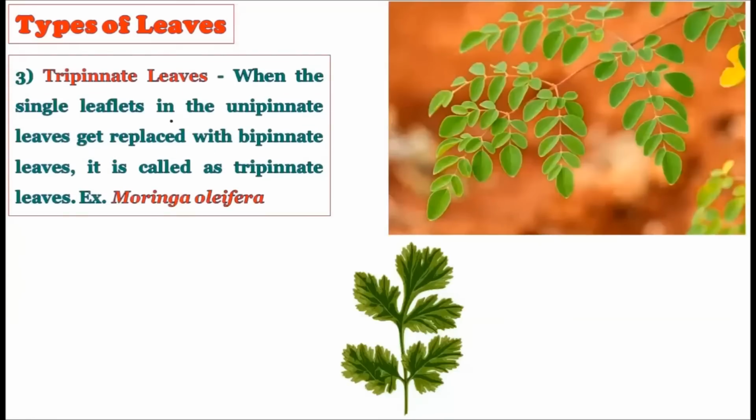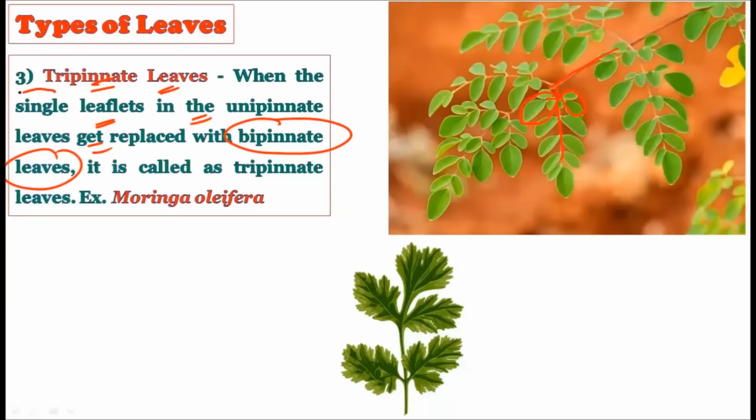All right. Now consider the tripinnate leaves. Tripinnate leaves are those in which the single leaflets of the unipinnate leaves get replaced by bipinnate leaves. First there is a unipinnate leaflet, and this is replaced by a bipinnate leaflet. In such a condition, this type of leaf is called a tripinnate leaf.